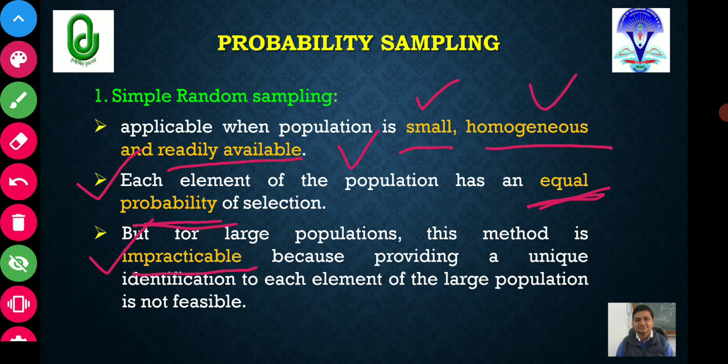Why it is impractical? Because providing a unique identification to each element of large population is not feasible. So if you will see the procedure, then it will be clear to you that in simple random sampling, we are providing unique identification number to each and every individual of that population, and then we are selecting few individuals randomly.